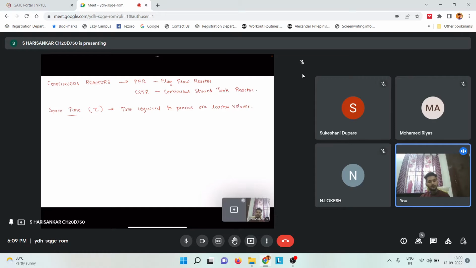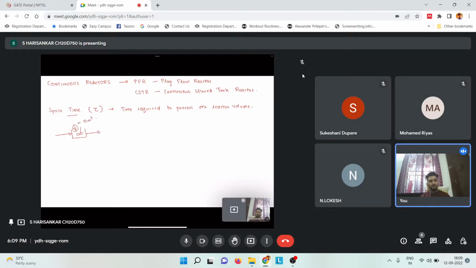Let's say we have a CSTR of volume V, or a plug flow, or a batch, or any continuous reactor, and this V is around 10 meter cube.